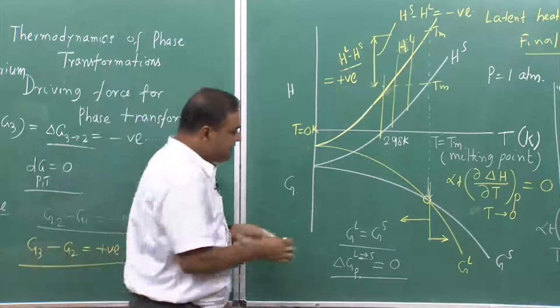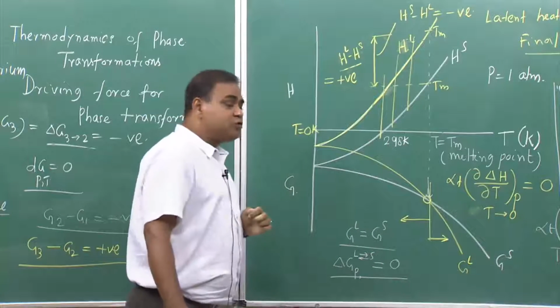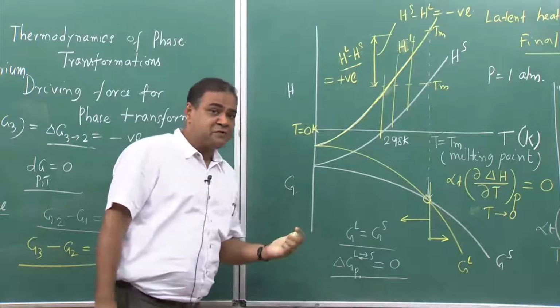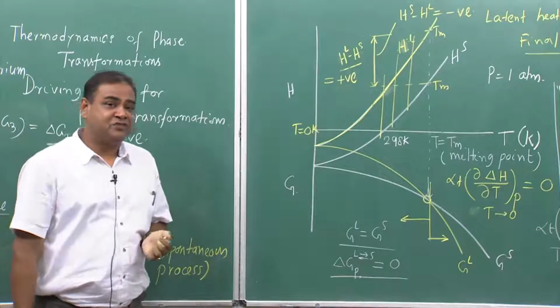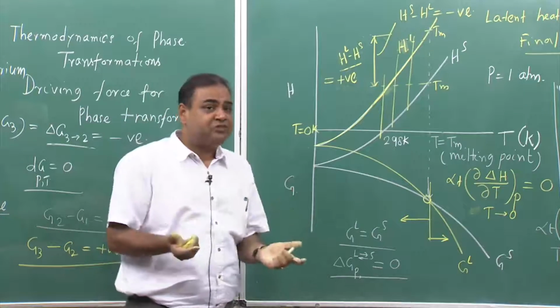Now, if I go this way, what would be the spontaneous process? In order to find the spontaneous process, I need to see which way the free energy is reduced.